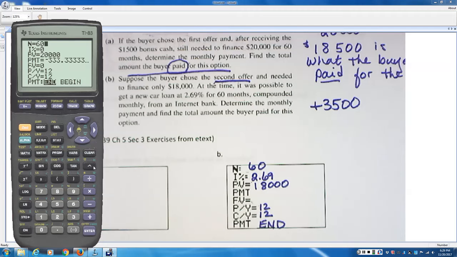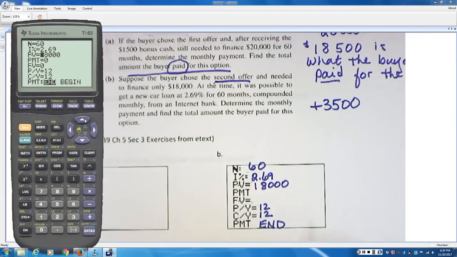So he's going to make 60 payments at 2.69% interest on $18,000. And we don't know his payments. We're going to have to figure that out to know what it actually cost him. And of course, when he pays the loan back, the future value on that car is going to be 0 because the loan's paid off. So we go back up and solve for the payment amount. Actually, it's negative, because he turns around and pays it back out.